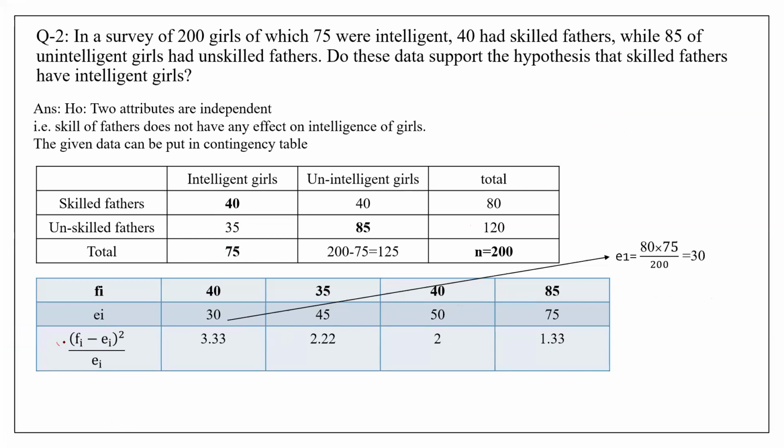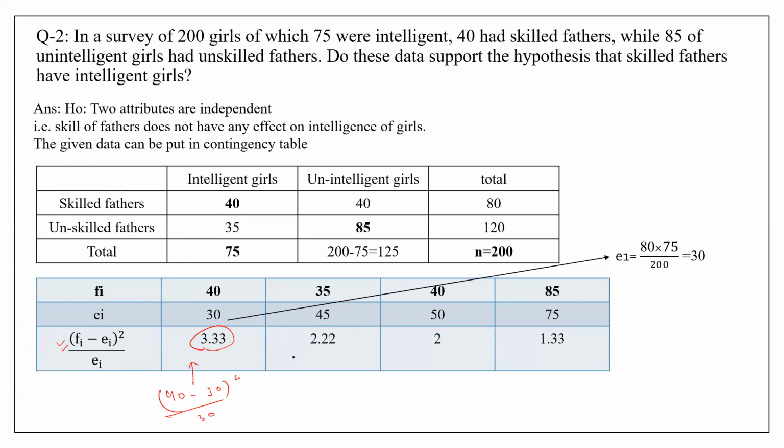Now here we have calculated Fi minus Ei whole square by Ei. So this 3.33, how did I calculate it? This will be 40 minus 30 whole square divided by 30. When you calculate that, you will get 3.33.